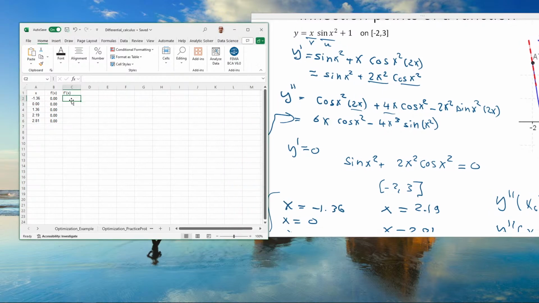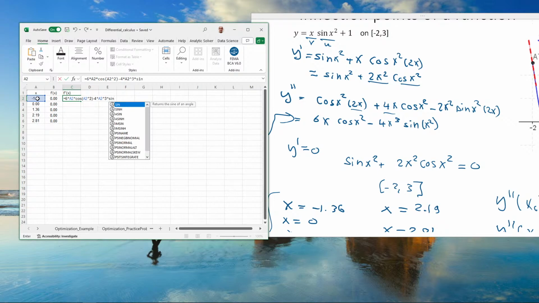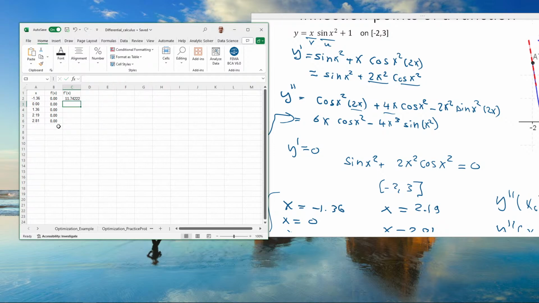So that would be 6 times x times cosine of this guy squared, minus 4 times this guy to the power 3 times sine of this guy squared. And I know my first point is a minimum just from the graph, so I should expect to get a positive number here. I got a positive number here, that's correct.